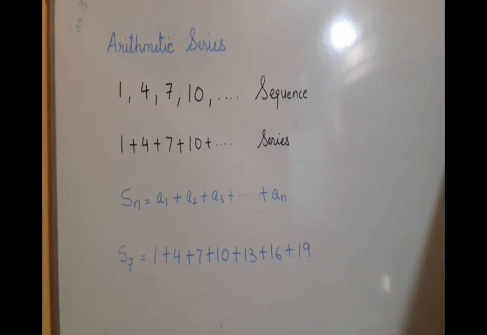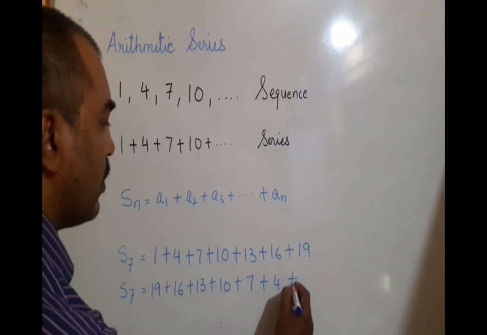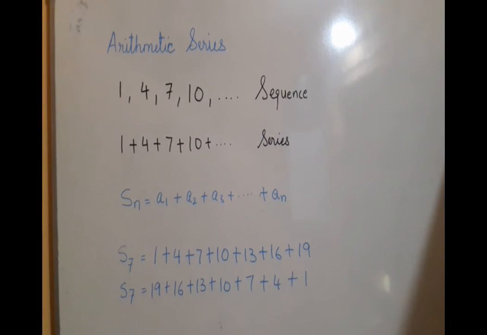Now you may observe that whether I add the sequence in the growing manner or in reverse, the sum should remain the same. So S7 is also given by 19 plus 16 plus 13 plus 10 plus 7 plus 4 plus 1. Either way the sum will be the same because of the commutative property, A plus B equal to B plus A.